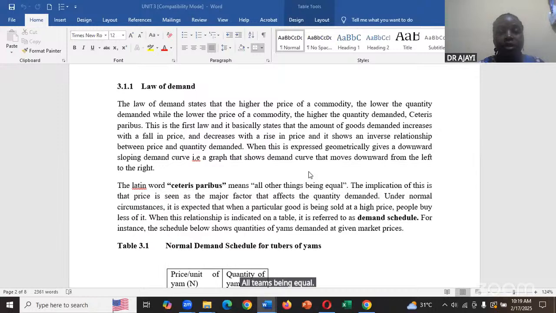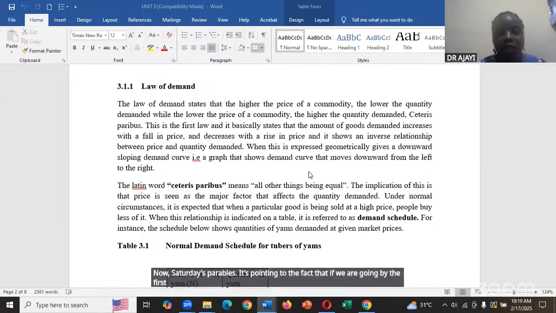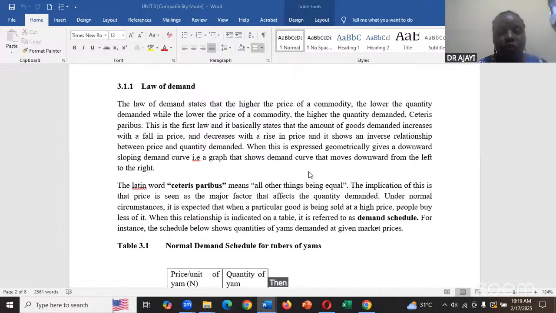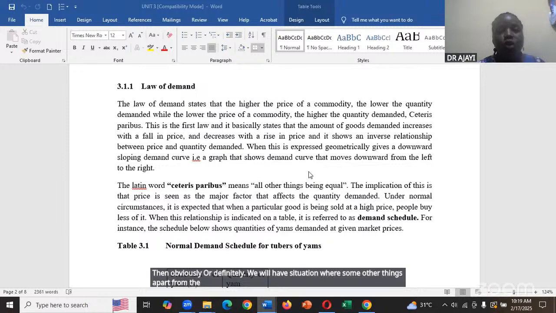It is pointing to the fact that if we are going by the first law of demand and we expect that quantity demanded should comply to price change in the way we expect it to be, then obviously we will have situations where some other things apart from the price may want to influence this behavior. And most times, these other things are not negligible.